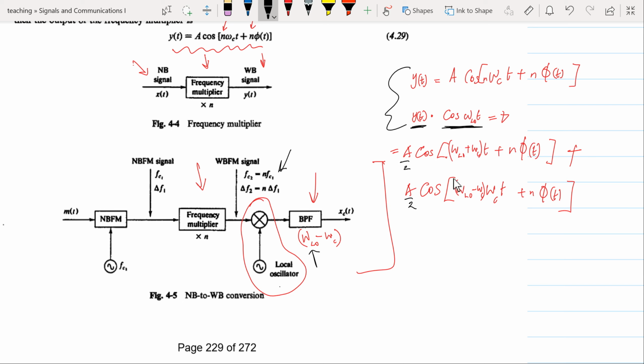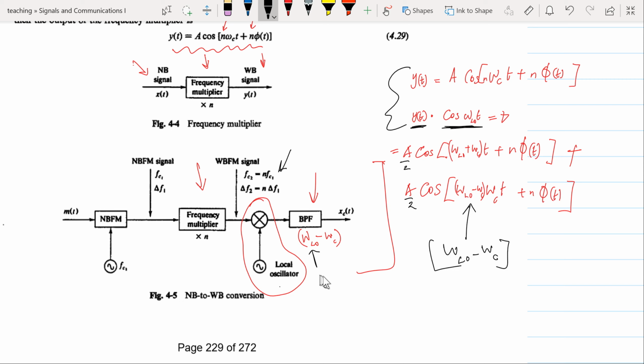When you do that, you have an addition and a subtraction, such that we are subtracting omega C from omega LO, and therefore we end up with a lower frequency component equal to omega LO minus omega C, or vice versa. You can have the difference depending on which one is higher.